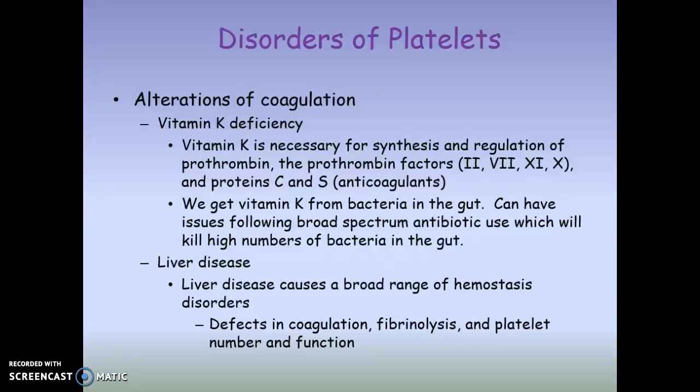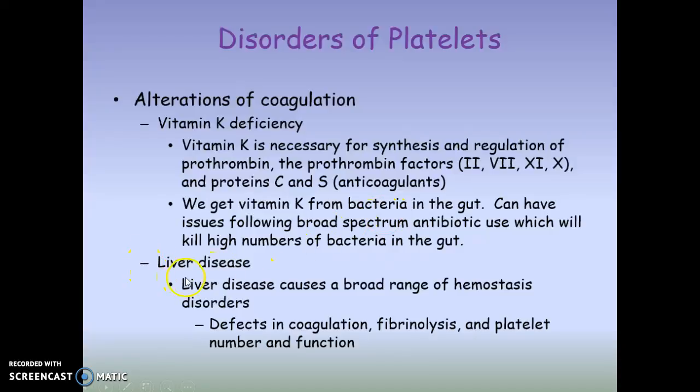All right, we get some vitamin K from our diet. We also get vitamin K that is processed properly from the bacteria in our gut. And so there can be issues following broad-spectrum antibiotic use because those broad-spectrum antibiotics kill off the bacteria. And so then you deplete this avenue of pulling vitamin K into your body.